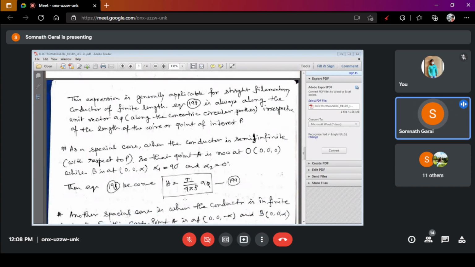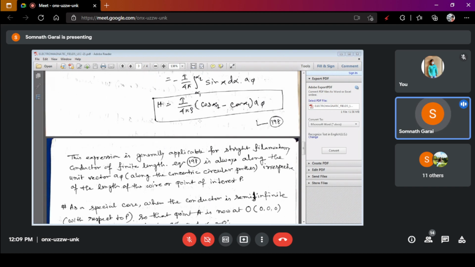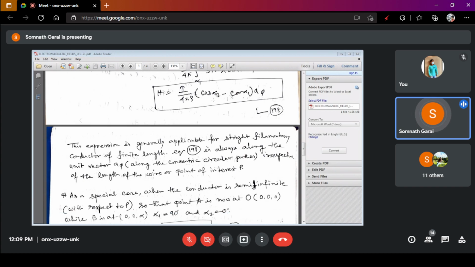Now, if alpha 1 is 90 degrees and alpha 2 is 0 degrees, then putting these values in equation 198, H is equal to I by 4 pi rho, and cos alpha 2 is cos 0 degrees, whose value is 1, and alpha 1 is 90 degrees, and cos 90 is equal to 0.